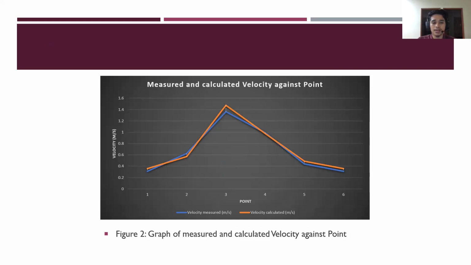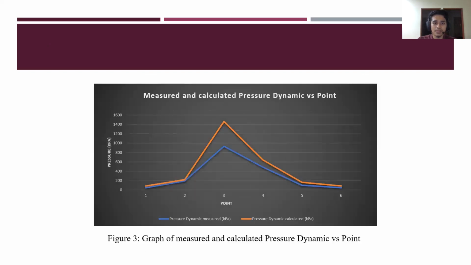It means that the higher the total head, the higher the velocity. Figure 3 is a graph of measured and calculated dynamic pressure versus point. We can also see that point 3 has achieved the highest pressure. It means that the higher the head, the higher the velocity, and also the higher the pressure.